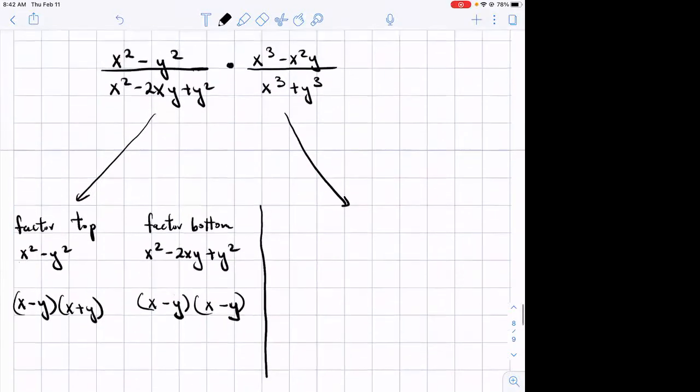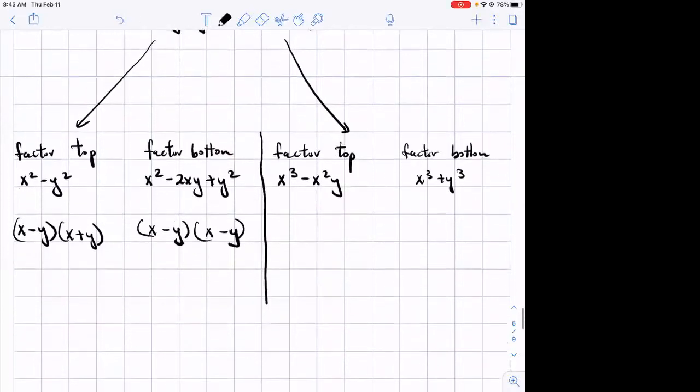If I look at the right side and I factor the top, which is x cubed minus x squared y, and then I have to factor the bottom, which is x cubed plus y cubed. So that's the cubic form I can see there. Now, on this part here, I can take out x squared, and that will leave me with x minus y.